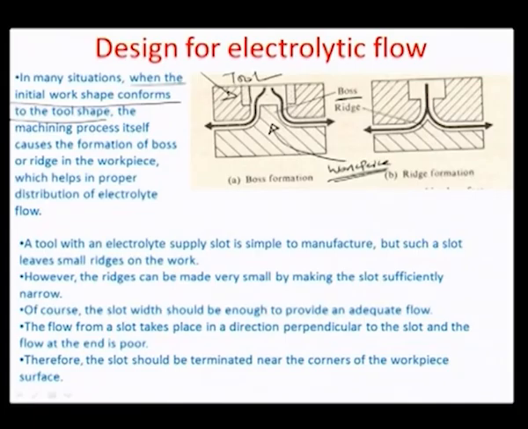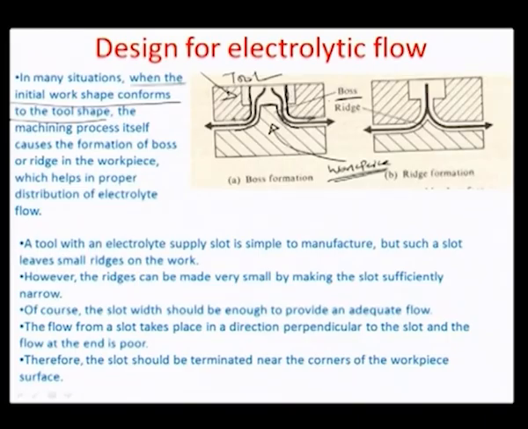So, there is a small chamfered corner of this tool, and there is a concentric, coaxial channel which is available for the electrolyte flow, and the boss on the surface, which was existing from before, has somehow come in alignment with this coaxial fluid path which has been artificially made in the tool surface.